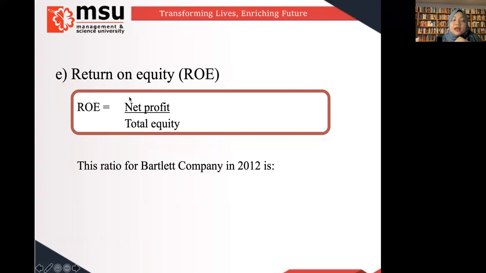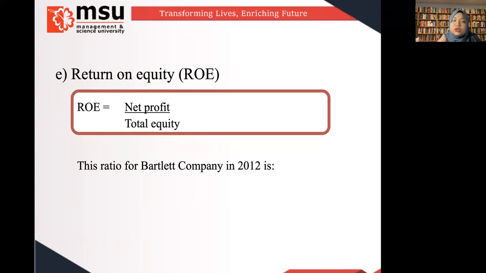Okay. The fifth ratio in the profitability ratio is return on equity. So return on equity, we want to know how much is the return for each capital that has been invested into the company. Equity is referring to the capital that has been invested from the shareholders.